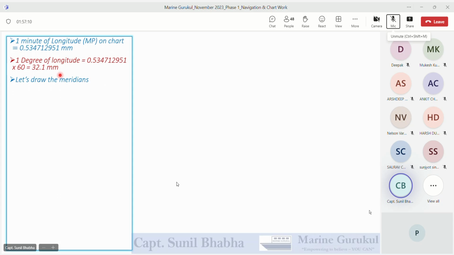We have to cover an area from 15 degrees west to 20 degrees west. So I'm going to first draw the meridian of 20 degrees west. I have drawn it to the left side of my diagram because this is the westernmost longitude. So you can see the 20 degrees west meridian coming up.